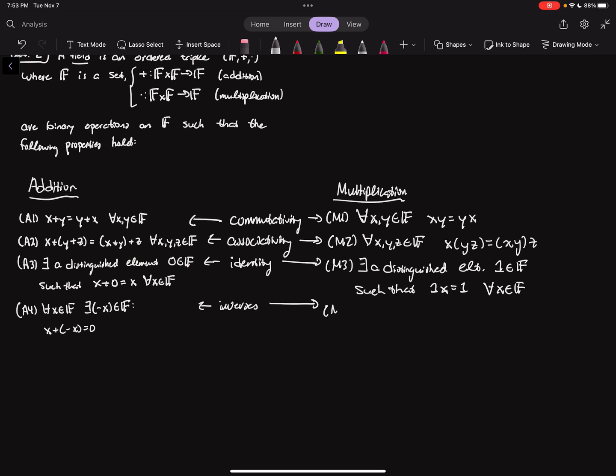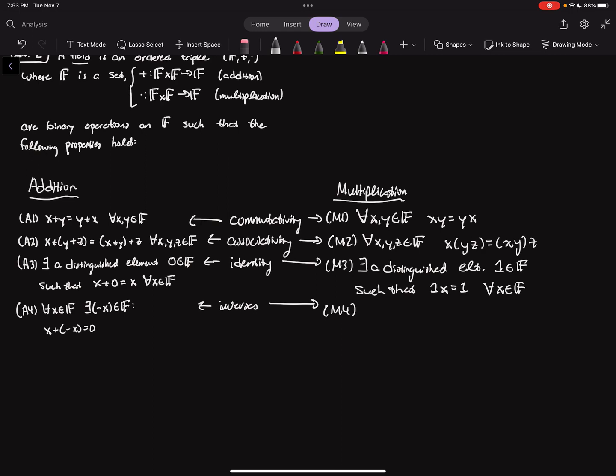Okay. And the fourth one, this is where things really get a little different, because we want to say every element has a multiplicative inverse, but we need to be careful here. Think about the rational numbers. There's one element that doesn't have a multiplicative inverse, and it's the additive identity. In particular, there is no number that you can multiply by 0 to get 1.